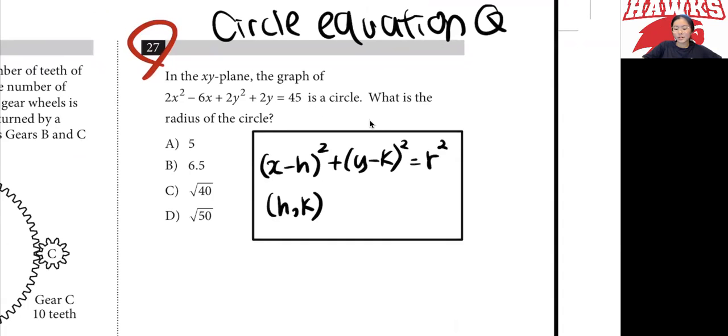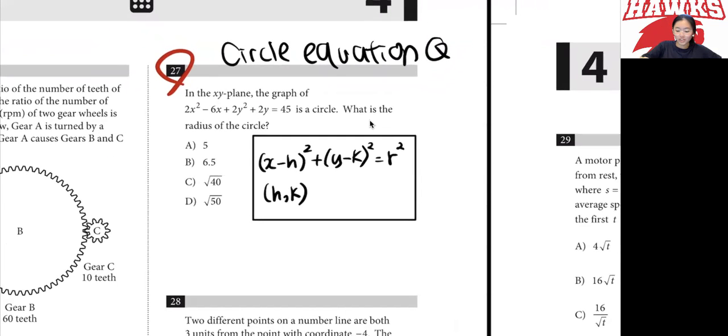Here is the circle equation: x minus h squared plus y minus k squared equals r squared, where r is the radius and (h, k) is going to be the center of the circle.